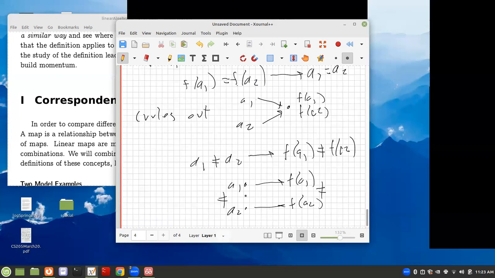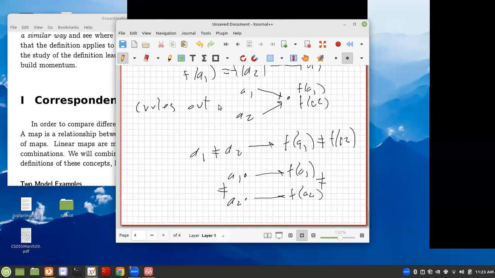This version also rules it out by saying, if the domain elements are different, the images have to be different. Here it says if the images are the same, then the elements they come from have to be the same. They're just two different ways of looking at the same thing.